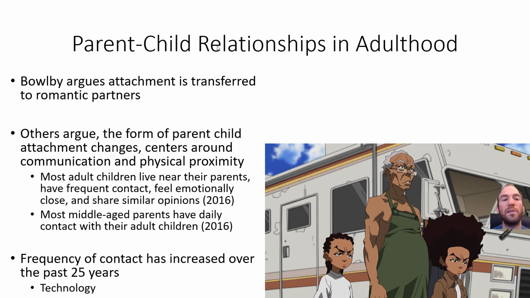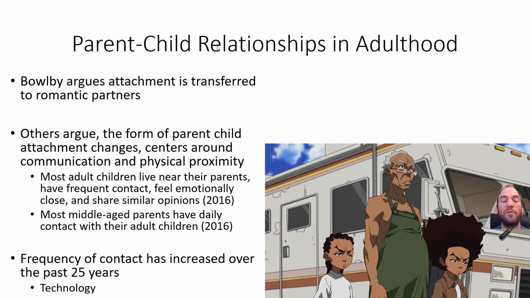So Bowlby basically says attachment is transferred to romantic partners, while others argue that the form of attachment changes throughout the lifespan between a parent and a child, and one way that it changes is through the degree of communication and physical proximity. Studies found that most adult children live close to their parents, feel and share similar opinions, and have daily contact.